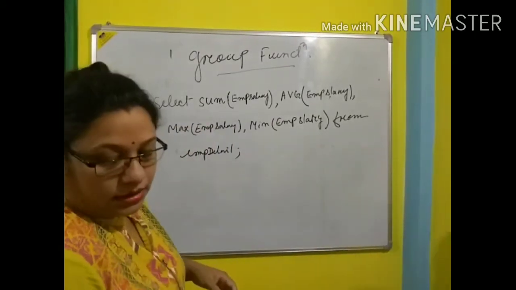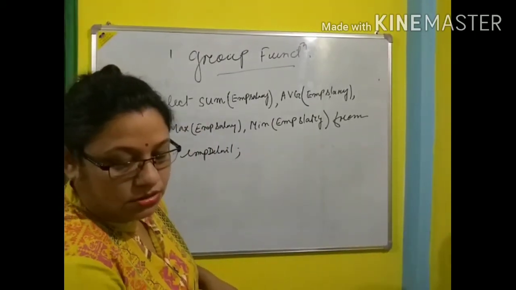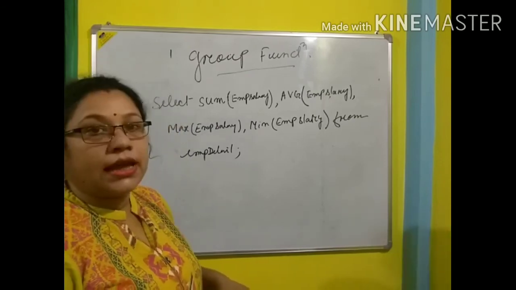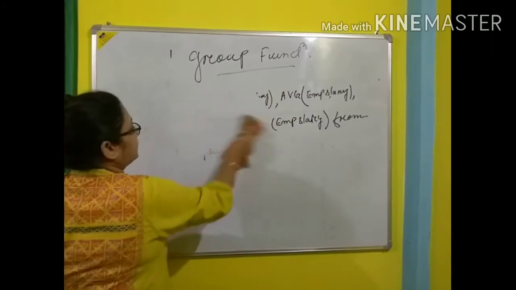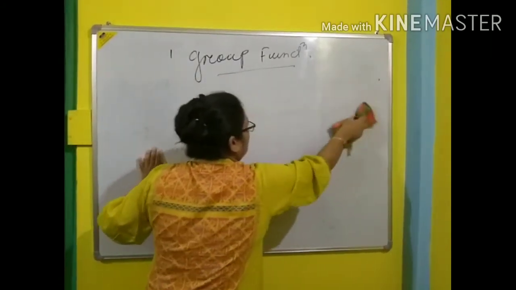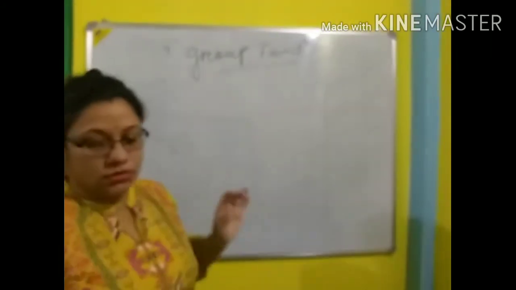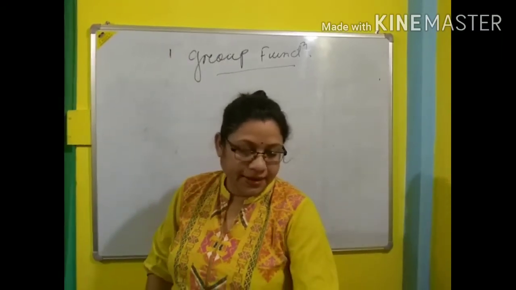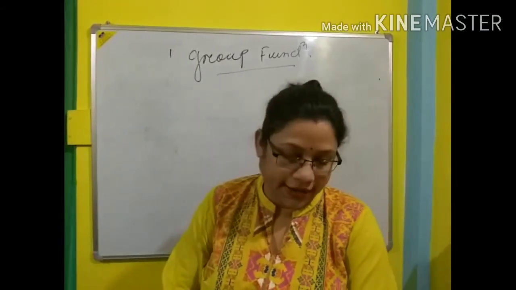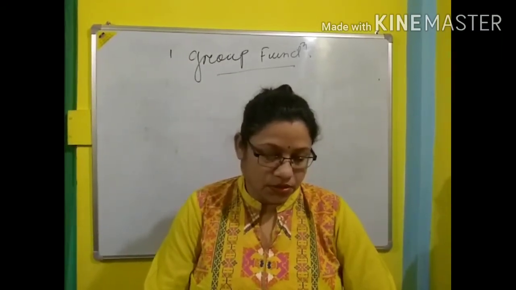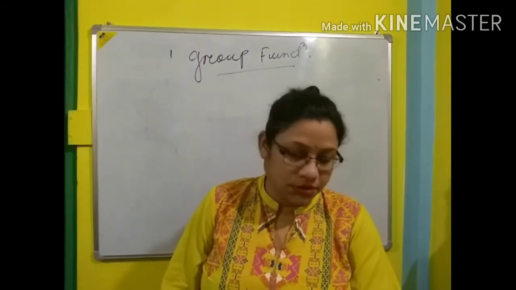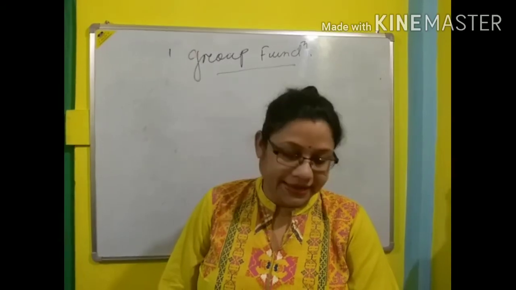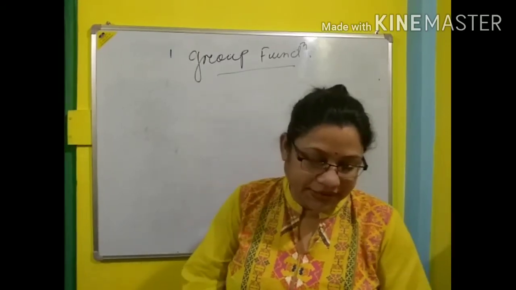Now again we are going to use the count and count asterisk symbol. Look at the book, figure number 12.48. The SQL is select count employee ID from employee details.